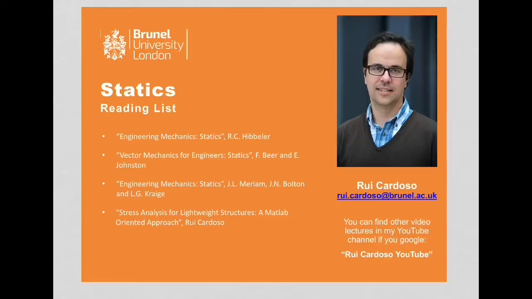Sometimes I refer to which book I've taken the example from, sometimes I don't, but these are the books that I follow. So in case I forget to mention which book I took the example from, you have here the list of books, so you know where they came from.